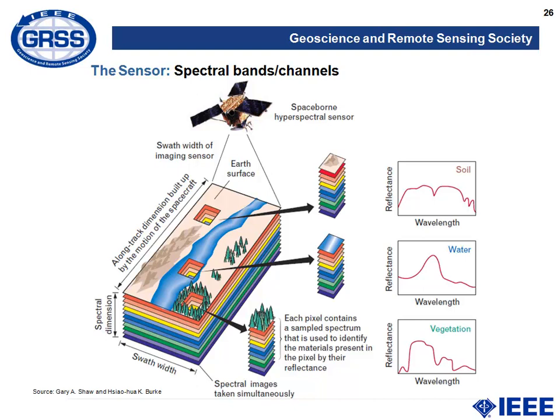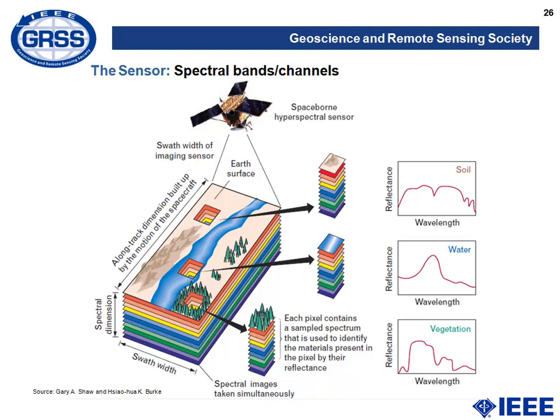For instance, when we talk about a multispectral sensor, we are talking about sensors with 3, 4, up to 10, 20 or 30 bands. But when we talk about a hyperspectral sensor, we are talking about sensors with more than 200 bands.